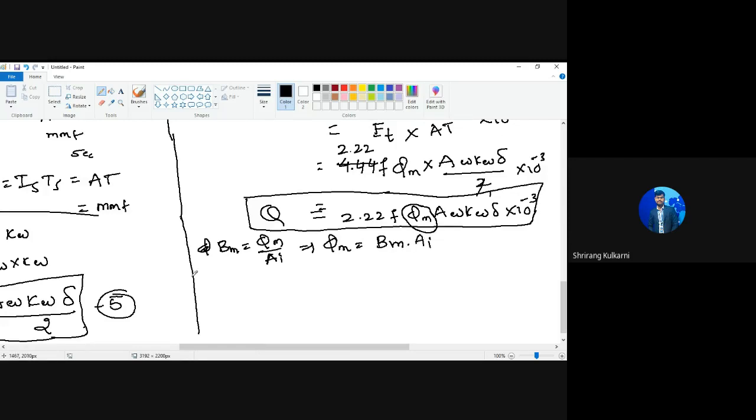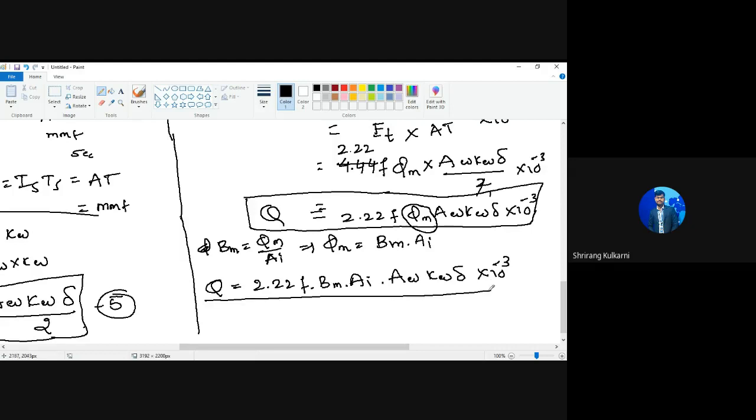To replace that, Q will become 2.22 frequency, Bm into AI into AW, KW, delta, 10 to the power of minus 3. So it is the equation of transformer in terms of flux density.